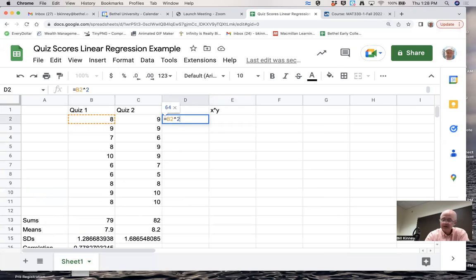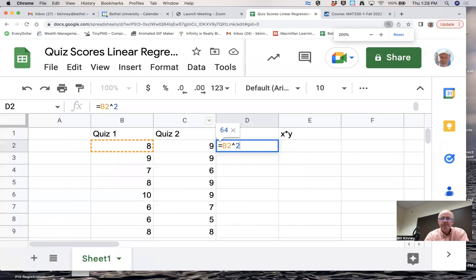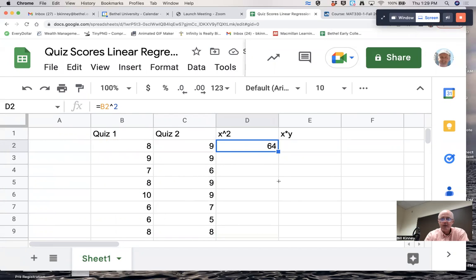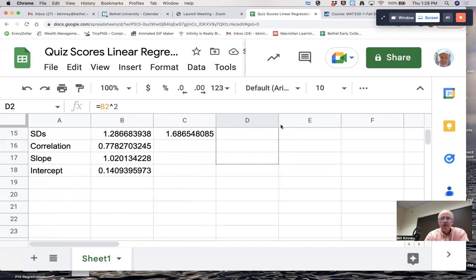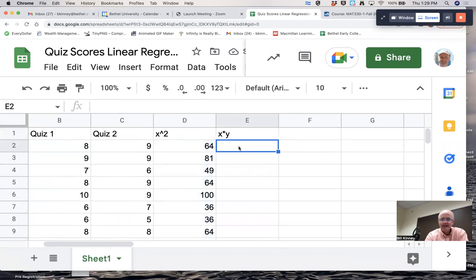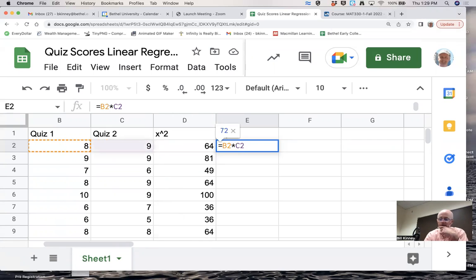Is that big enough? Copy and paste that formula downward. And I also want the x times the y values, B2 times C2. 8 times 9, copy and paste that down.